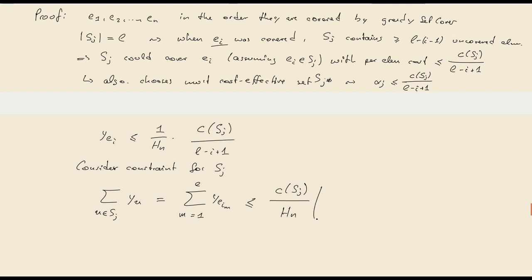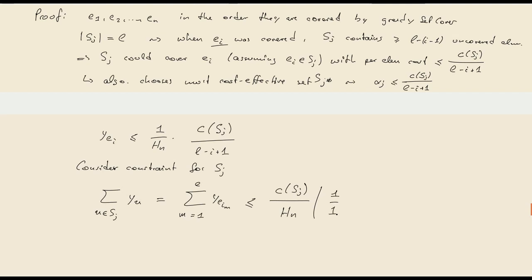And then to make this largest, we would like to have the smallest denominators here. And the smallest are just if these are the last elements that are added, so that i has the largest values.